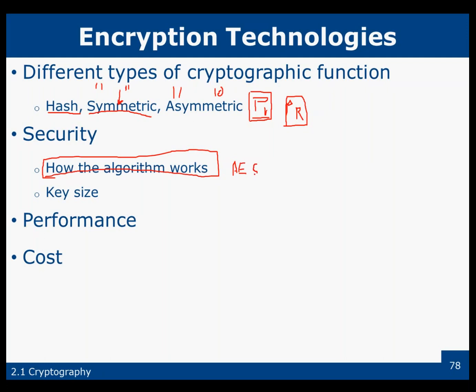Now we have, again, a number of them, and there's a list in the book, and we'll see some of that here in a little bit. Key size, typically the bigger the key size, the better the encryption is going to be. Performance, and back to performance, the symmetric is much faster, and I've read some places up to 1,000 times faster than asymmetric.